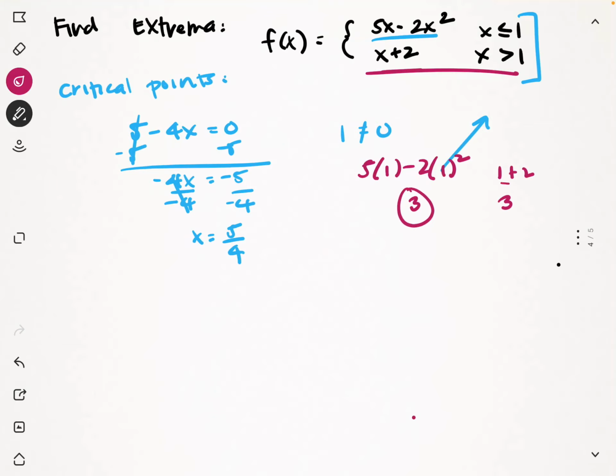Notice that they're the same point here. So what this looks like, well, we have this function, which is a parabola, all the way to 1. And then this function joins it out here. So we have this one that we already found at 5/4, right? That's the one from the parabola.